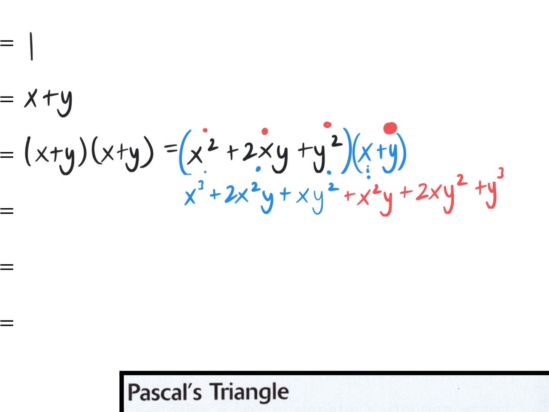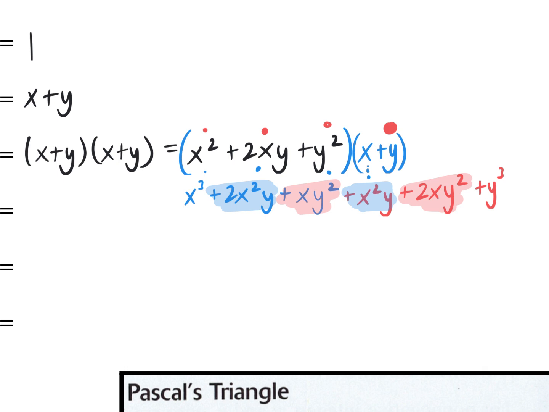But I can combine some of these things together, right? What things can I combine? 2x squared y and x squared y. And xy squared and 2xy squared, okay? Has to have the same exponent, same variable. Don't get tricked up with that.